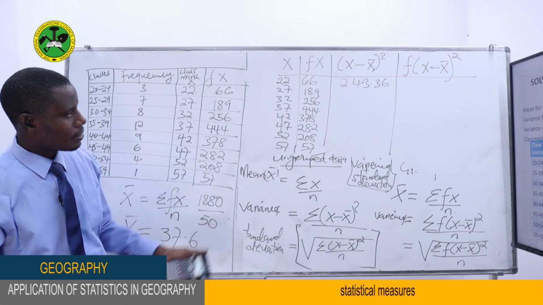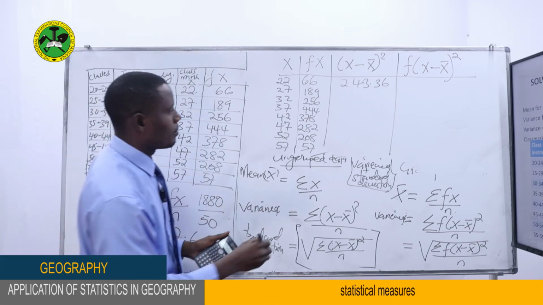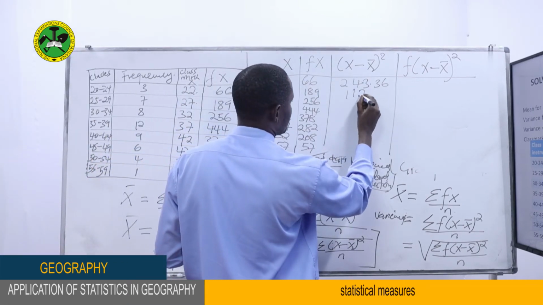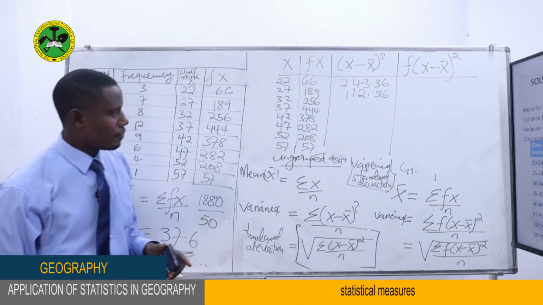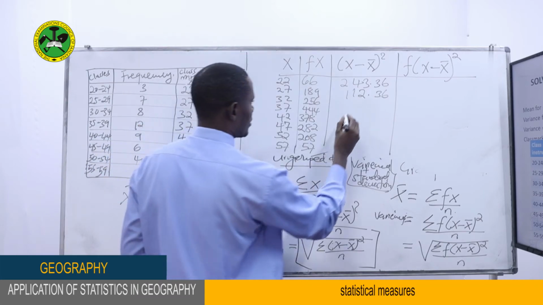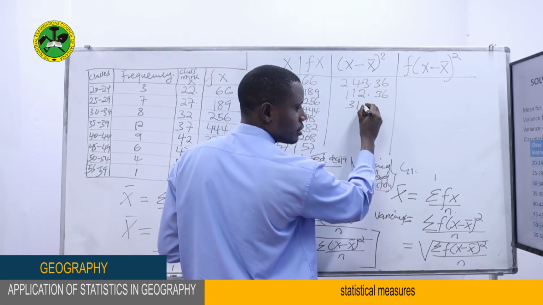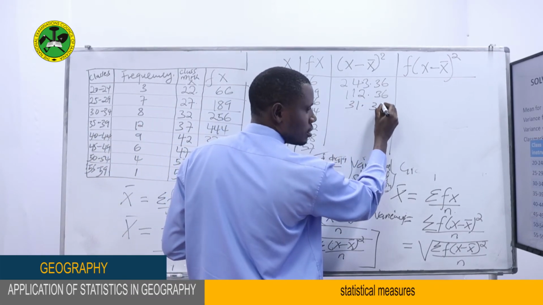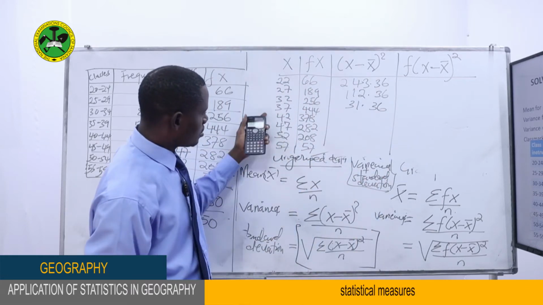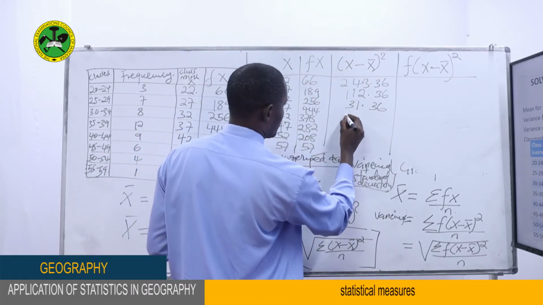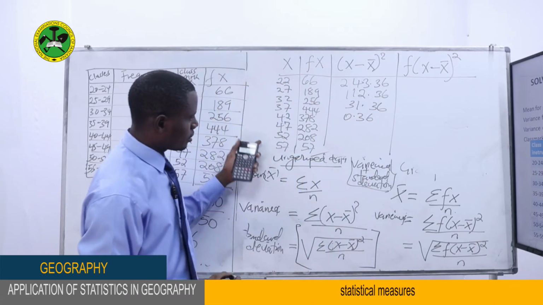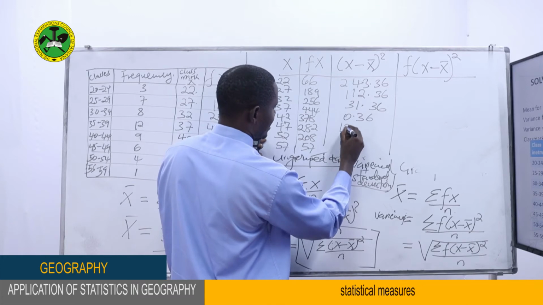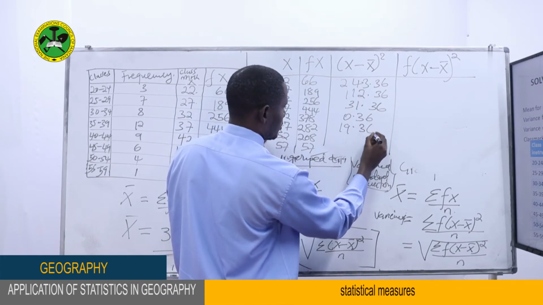Then if you go for the next one, you'll be doing the same. Then you come up with 112.36. If you go for the next column, you'll come up with 31.36. The other column, you'll come up with 0.36. The next one, you'll come up with 19.36.